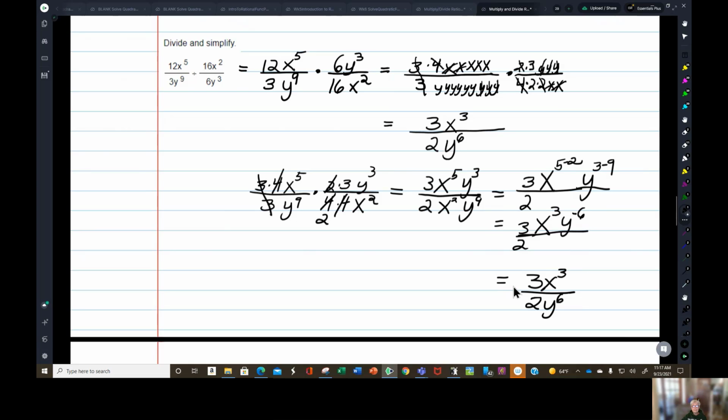I just wanted to see which method would be easier to read. Maybe it'll help you too, maybe. Let me put a line between these.